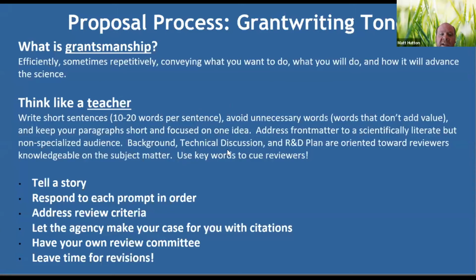Let the agency make your case for you with citations. So again, if they've got a topic prompt that cites specific documents, use those. A lot of the time, there will be authorizing documents for the agency. What act of the president or of Congress permits them to spend $30 million on developing this type of computer software in fiscal year 23-24?